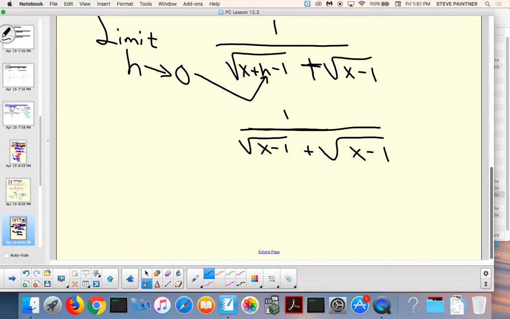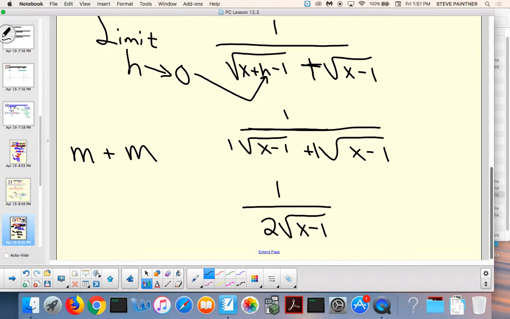Together, that's like saying m plus m, just adding like radicals. What's the answer? 1 over 2 root x minus 1. And that is the limit.